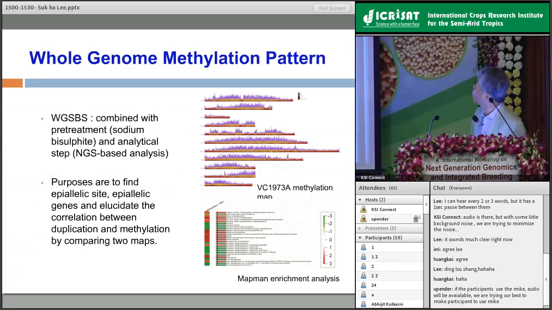To understand the whole genome methylation pattern, we used sodium bisulfite treatment for 2 Vigna radiata genotypes. One is VC19738 and the other is a local cultivar, to find epigenetic sites and genes.